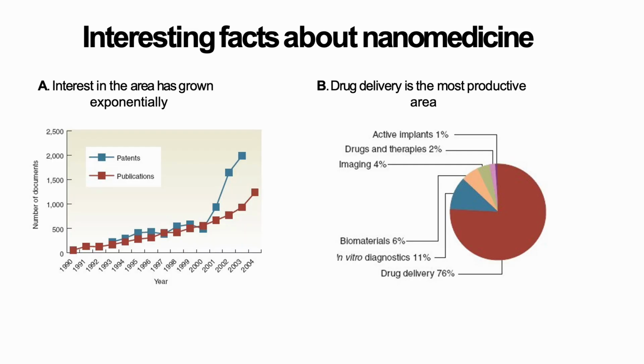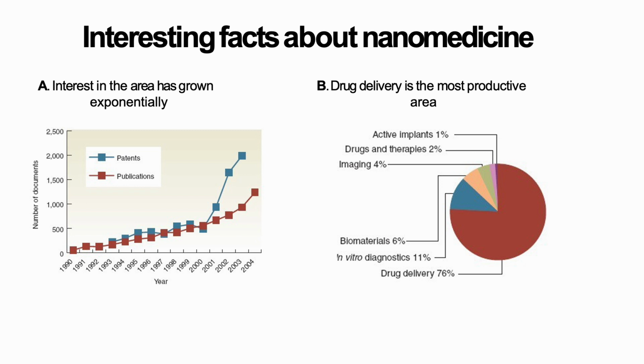Now, let's look into the facts about nanomedicine. On the left side, you have a graph. This is related to the growing interest in the use of nanomedicine. We were looking from 1990, and we see that after the year 2000, we have an exponential increase in the number of patents.